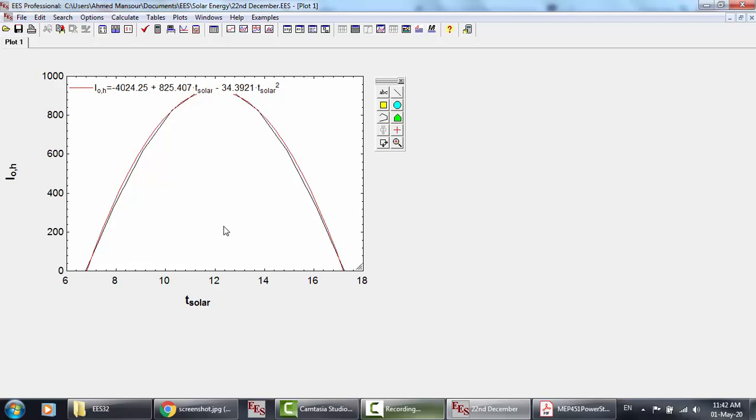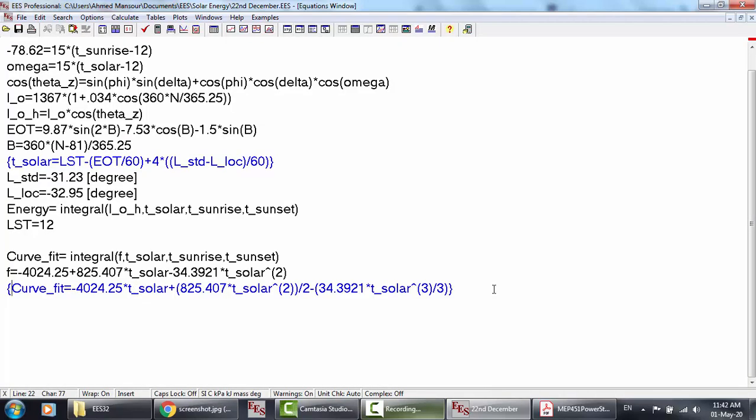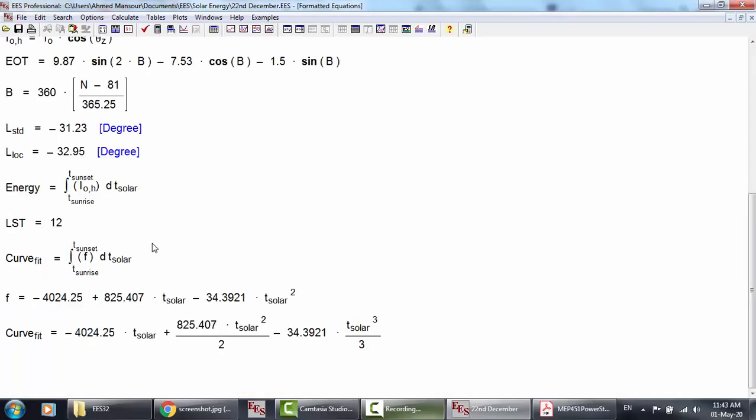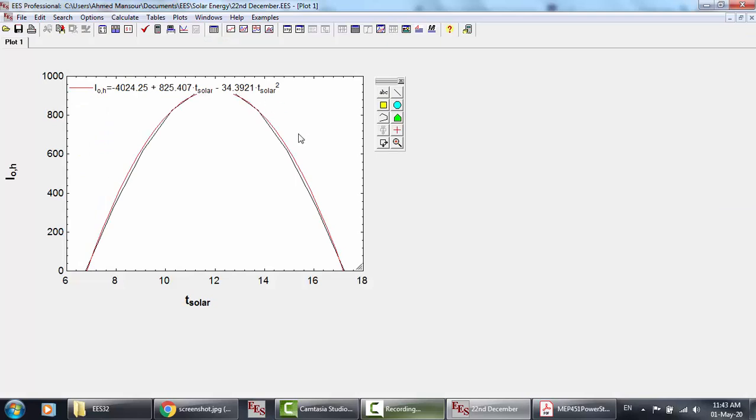If you wanna plot it, you have to know this equation. You have to get the derivative of this equation. The derivative of this equation will give you the original equation, which can be plotted like this.